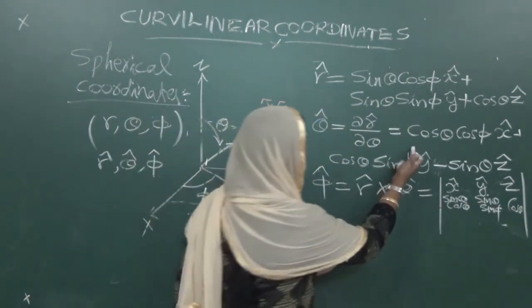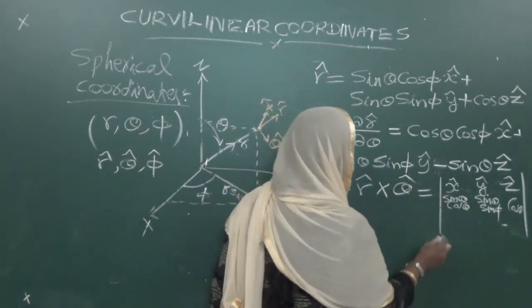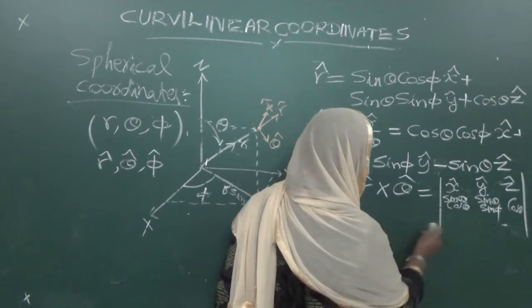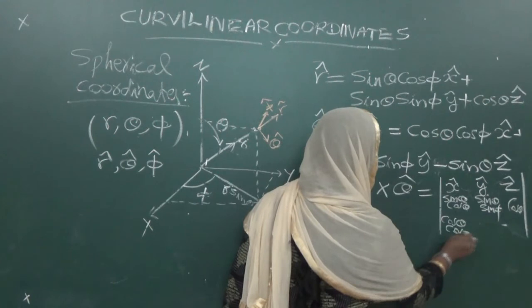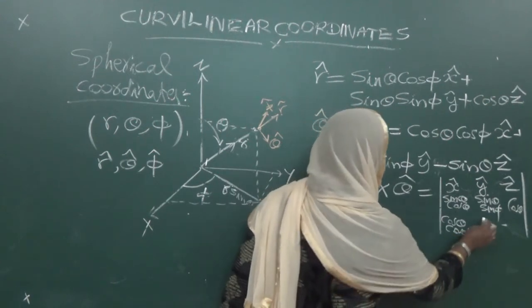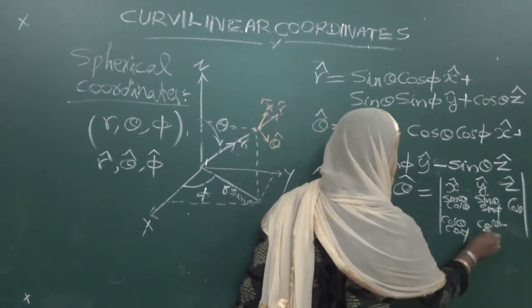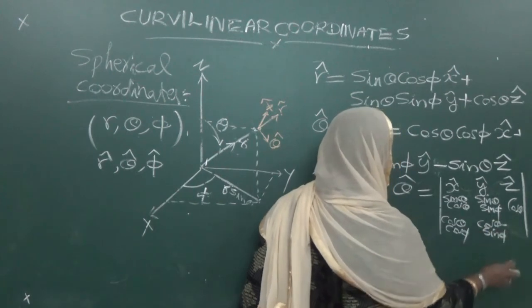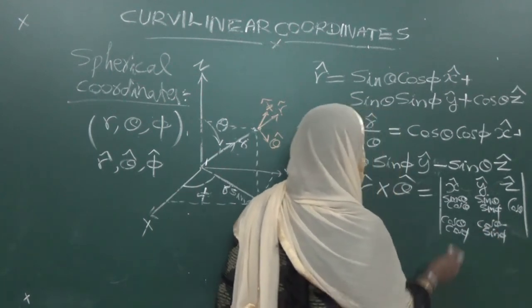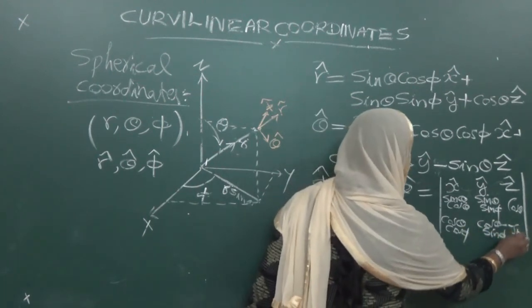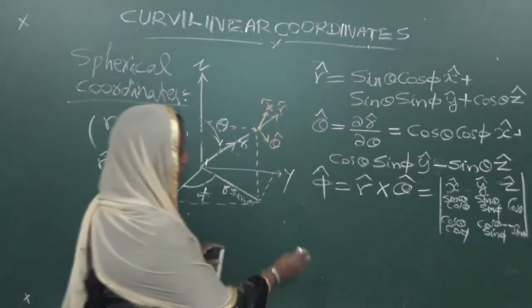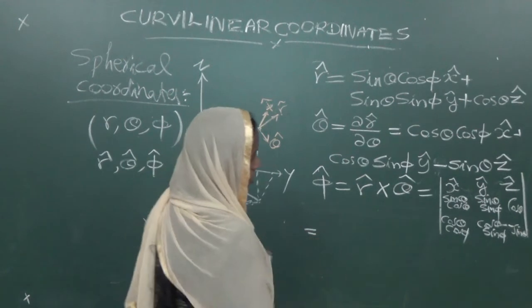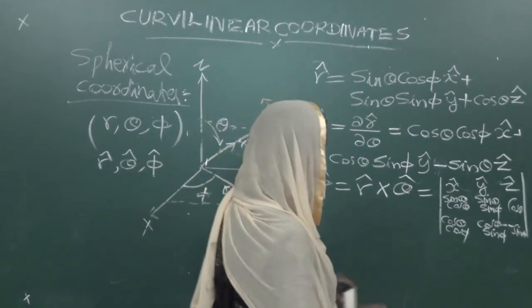Then cos theta cos phi, cos theta sin phi, and minus sin theta. If you work this out, what happens?